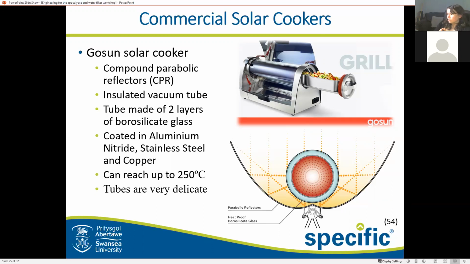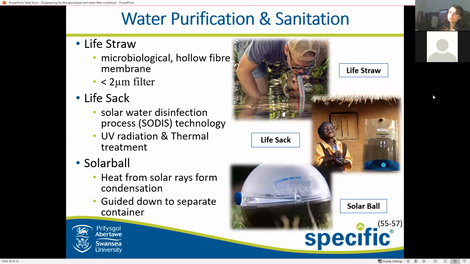But moving on to other issues, something that we will be looking at quite a lot more in a bit is water purification and sanitation. So when I'm referring to it here, these are looking at commercial methods which are really useful and reliable at removing contaminants.